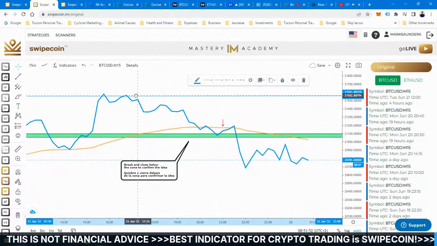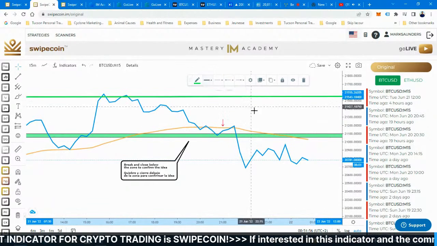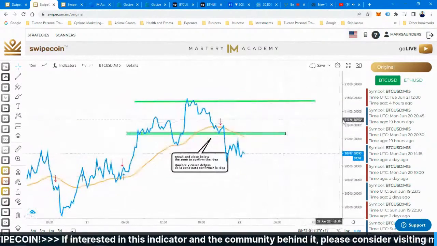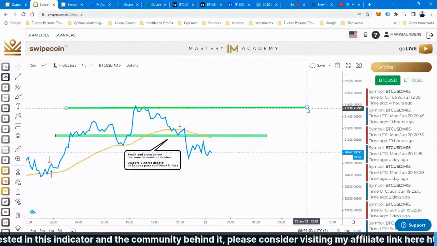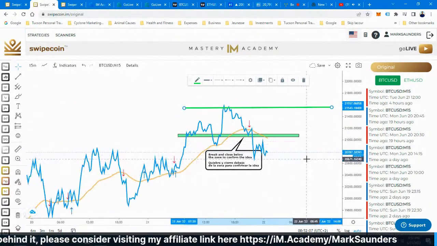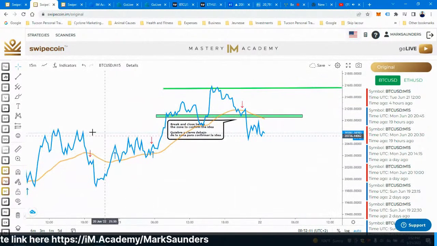Okay, I'm going to change this to green and fatten it up. So if the price breaks and closes above that particular green bar, I'll consider going long. Now I'm looking for the next best entry as a short.